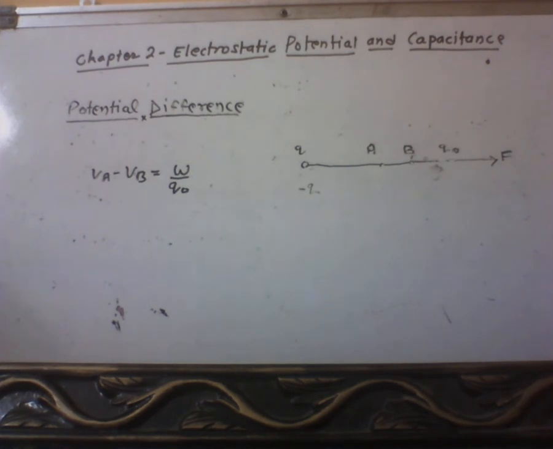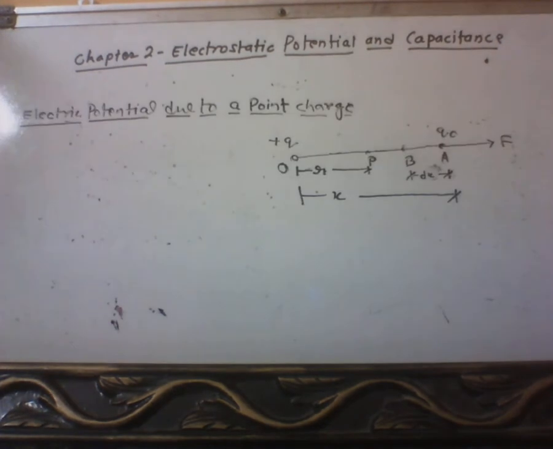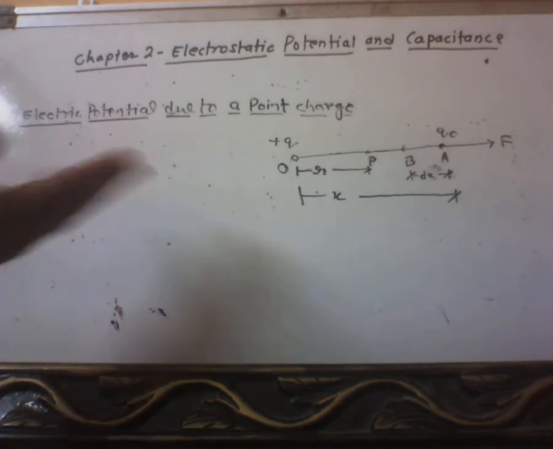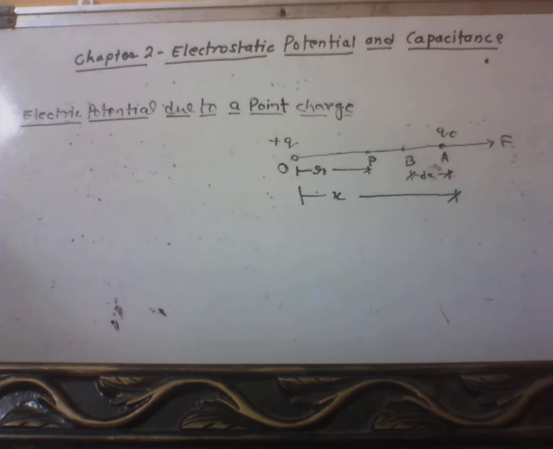Now the next topic is electric potential due to a point charge. Here I have made a diagram to calculate the electric potential due to a point charge. Look at this diagram.